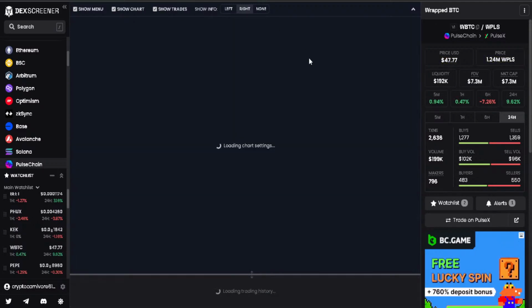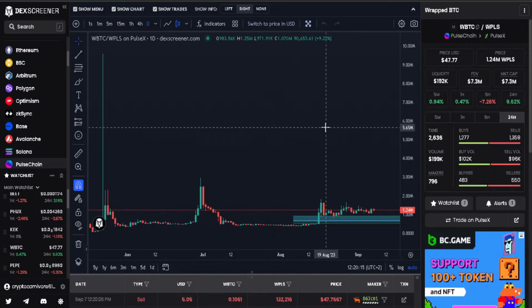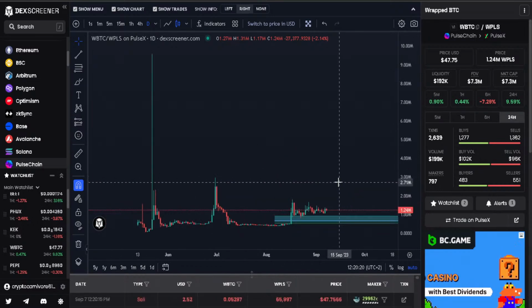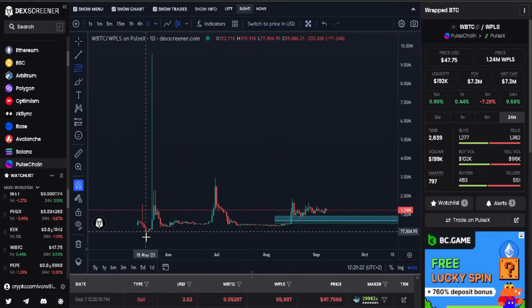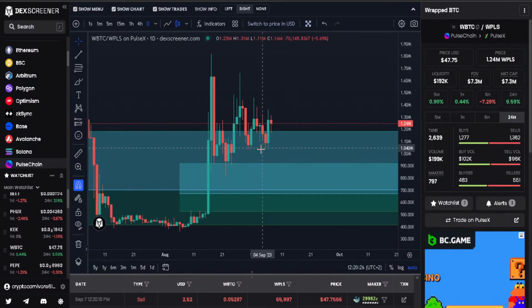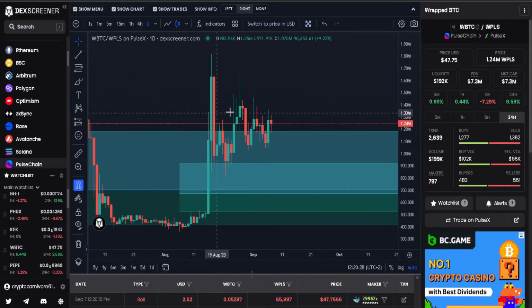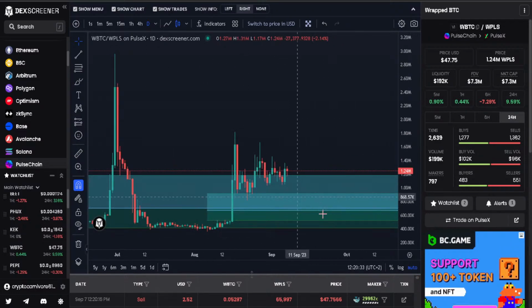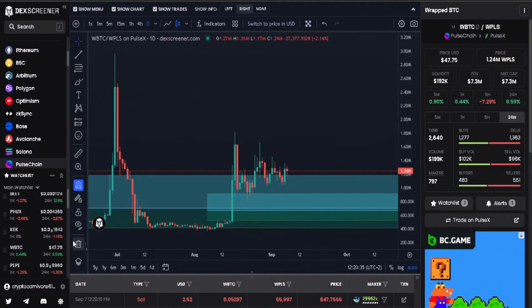This is Wrapped BTC. It's just been tagging along. I mean, just moving sideways in this area. Not really valuable. And I'm going to disregard that massive wick just above the overall value area. So yeah, it's not valuable here. You need to wait for it to get down into these areas.